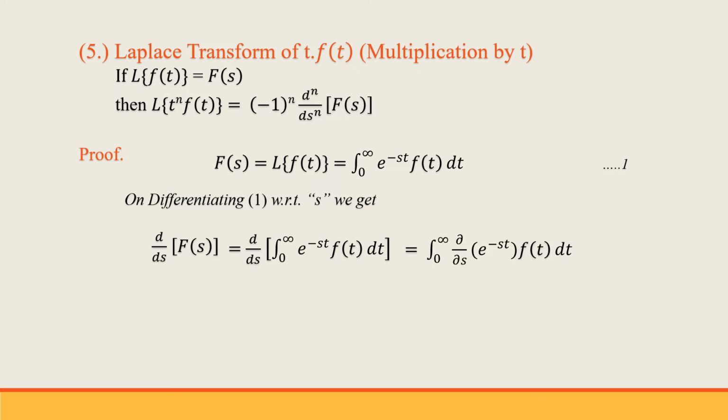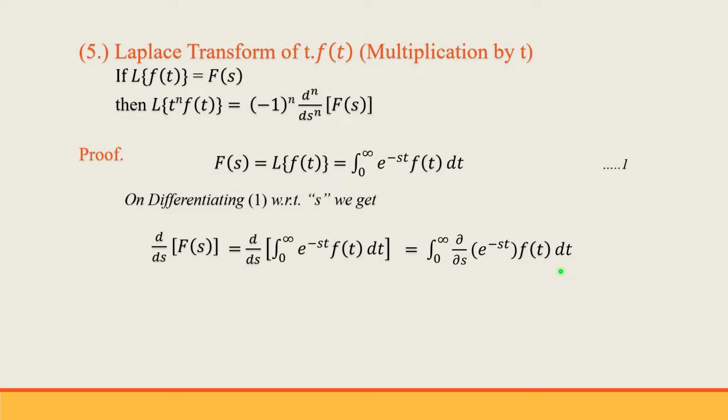We can take d by ds inside the integral and rearrange it as integral 0 to infinity del by del s of e raised to the power minus st into f(t) dt.